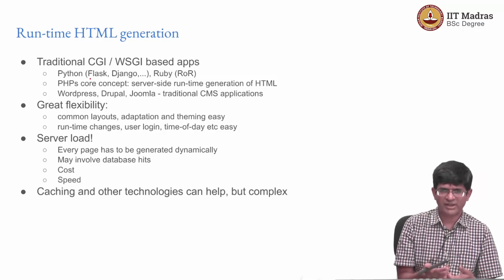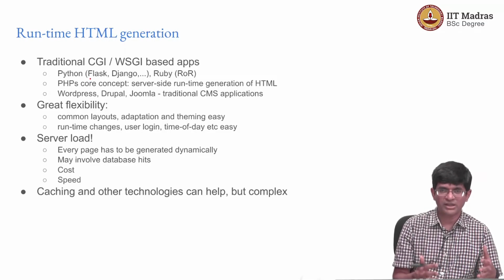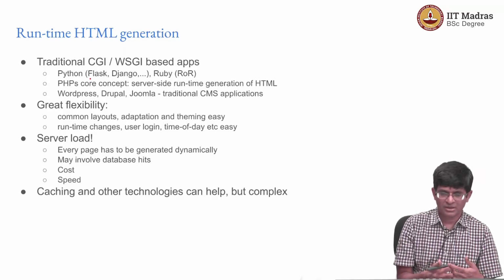Okay, great flexibility. There was a reason why they became popular, right? They allowed you to have a common template, but at the same time dynamic pages. Runtime changes or making a small change, anything was very easy. The problem is they require much more powerful servers.